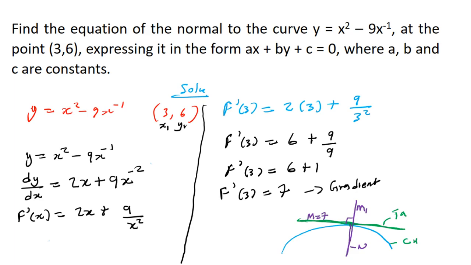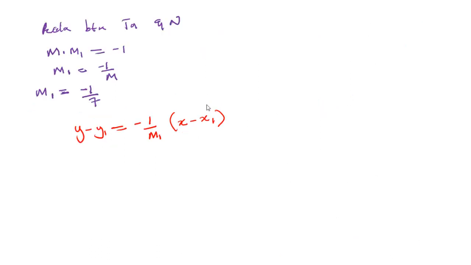Okay, so if you look at what we were given, x1 is 3 from here and y1 is 6. So from that particular point you can simply say y minus 6 is equal to -1 over 7 open bracket x minus 3, like that.